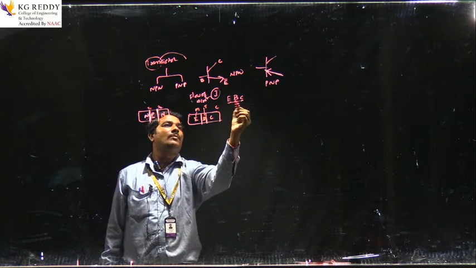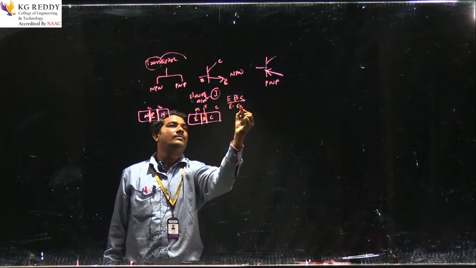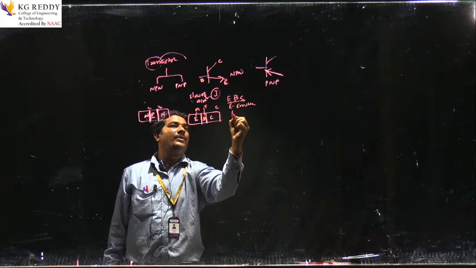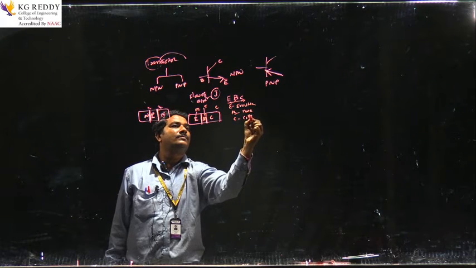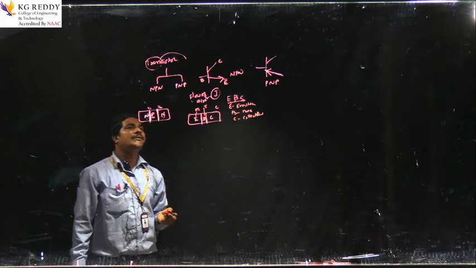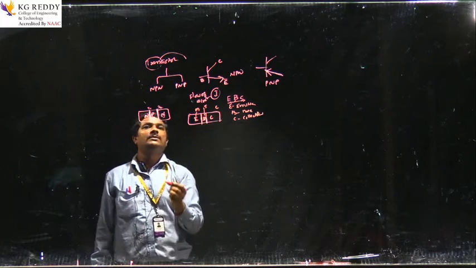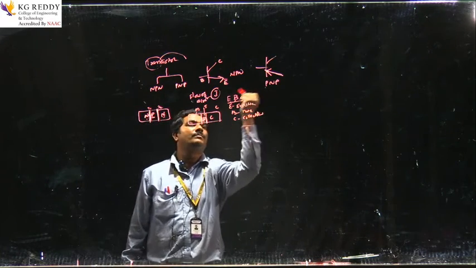How to remember: EBC. E for emitter, B for base, C for collector. These are the basic terminals of the transistor. The layers of the transistor are NPN and PNP.